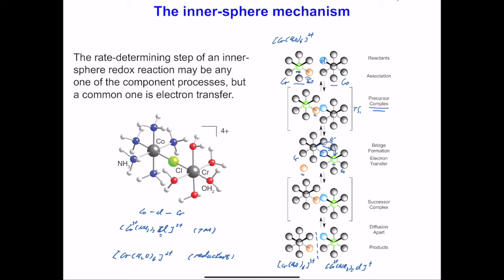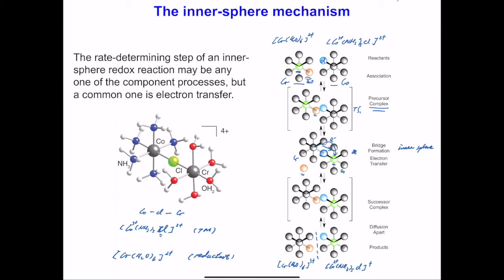Here is cobalt 3 plus, ammonia 5, with chloro, 2 plus. You can see that after reaction through this intermediate, which is important, this inner sphere electron transfer, the cobalt is reduced to cobalt 2 and the chromium becomes chromium 3. That's the mechanism.